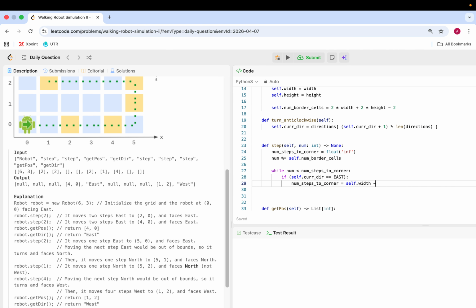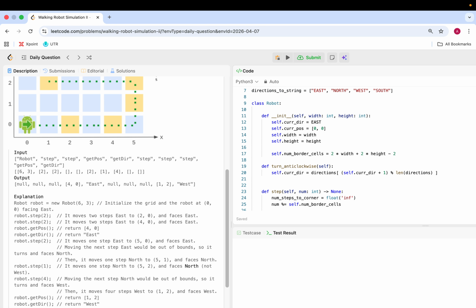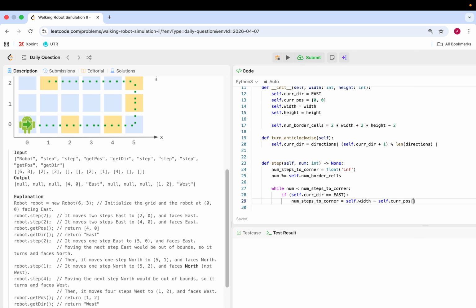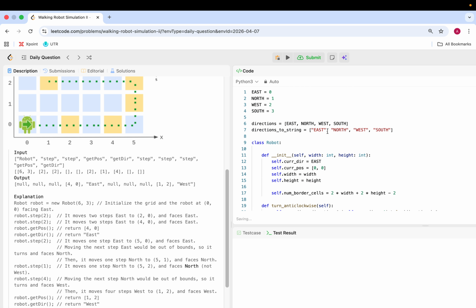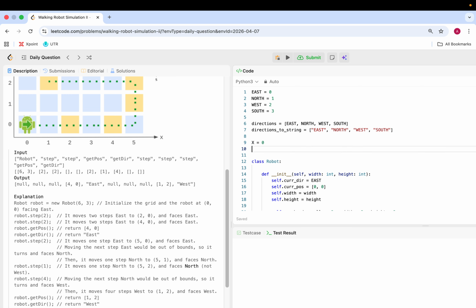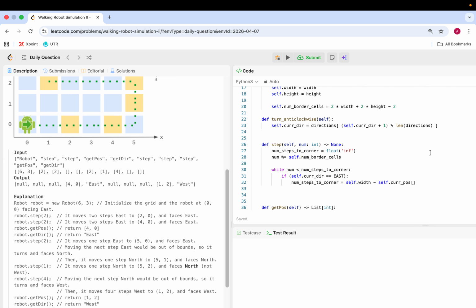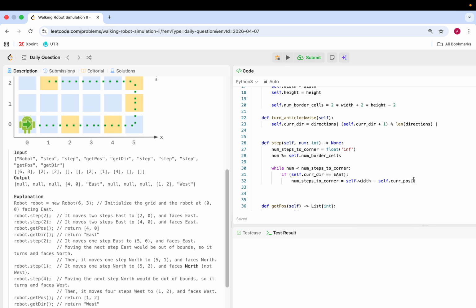Self.width minus self.current_position at 0. I should use these. Hang on. X equals 0, y equals 1. Where am I? At x minus 1. Elif. Why am I wrapping it in brackets? This is not C. Elif self.current_direction is equal to north.